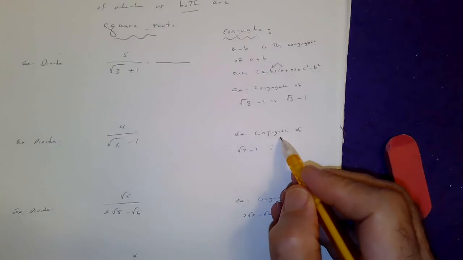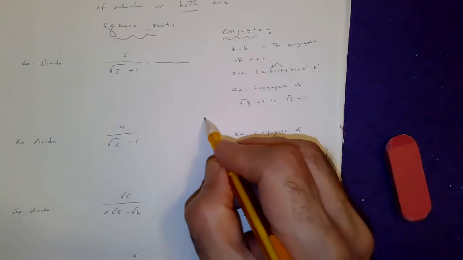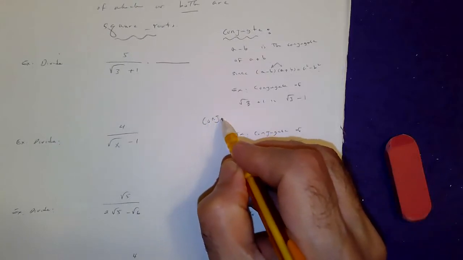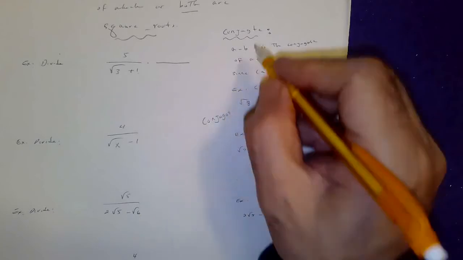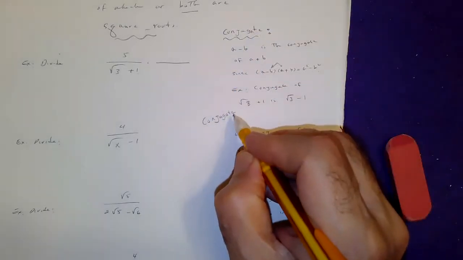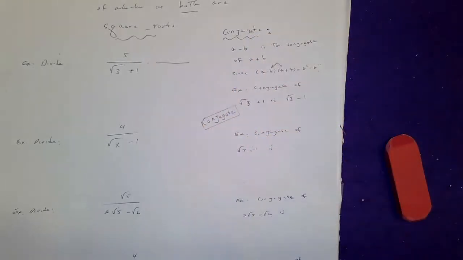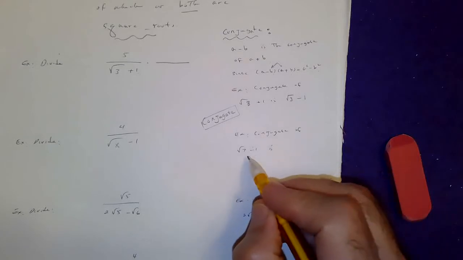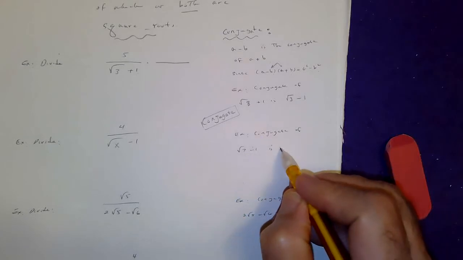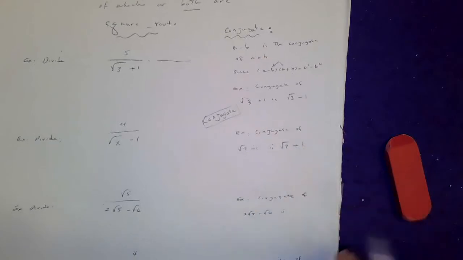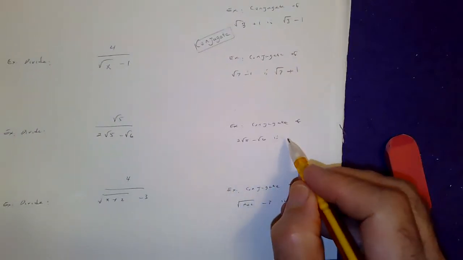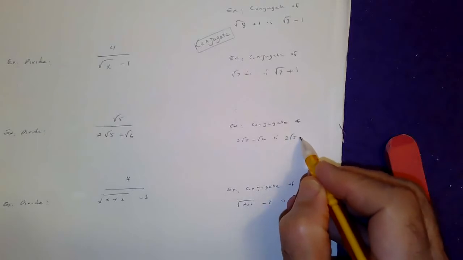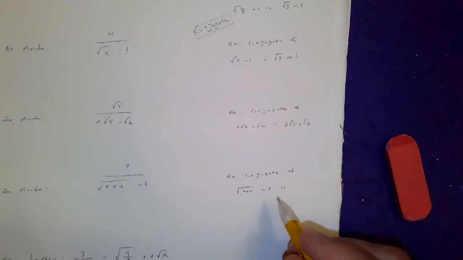The conjugate, that's conjugate. The conjugate of the square root of 7 minus 1 is the square root of 7 plus 1. The conjugate of 2 square root of 5 minus the square root of 6 is 2 square root of 5 plus the square root of 6.